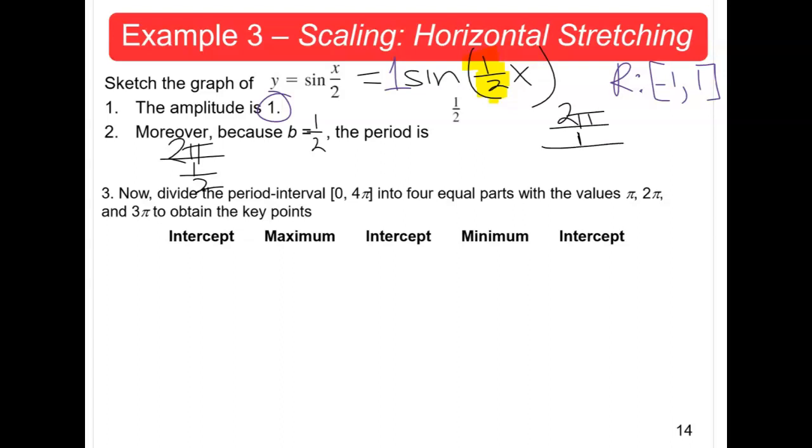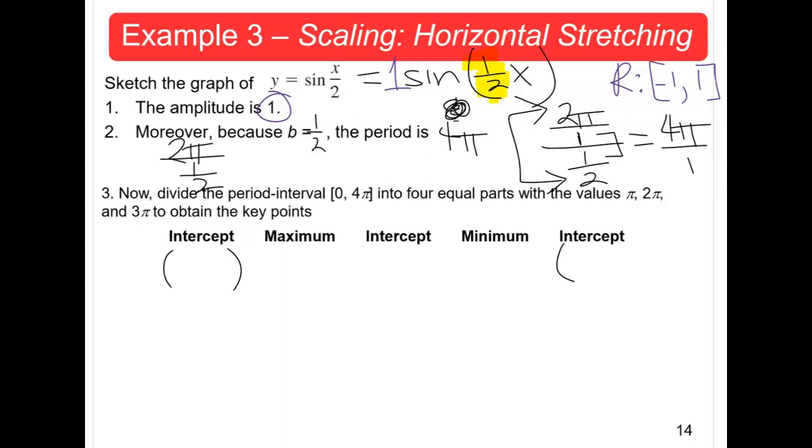Then we will have here 1 over 2. And if we multiply, like I've been teaching you, the sandwich rule, that would be 2 pi times 2 is 4 pi, and then 1 times 1 is 1. So the period is equal to 4 pi. What does that mean? That it would take the graph a whole 4 pi radians to complete one cycle.